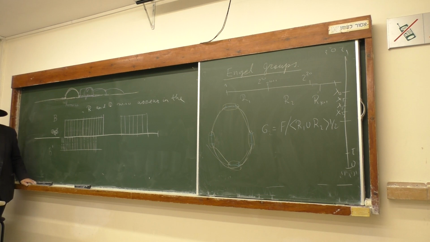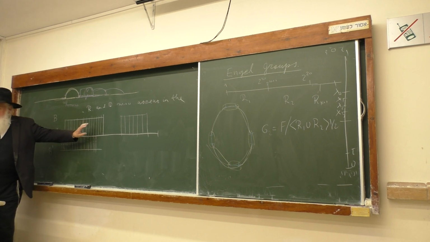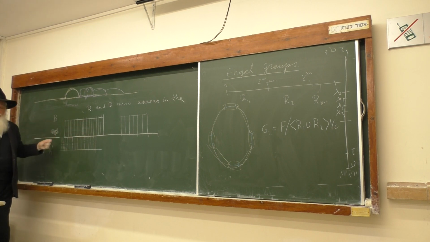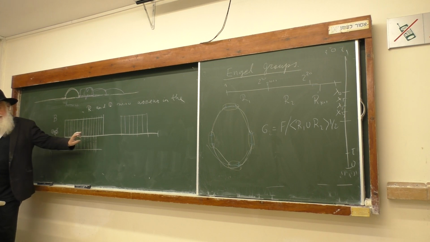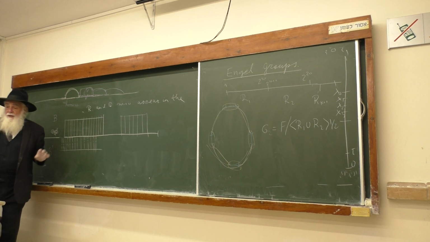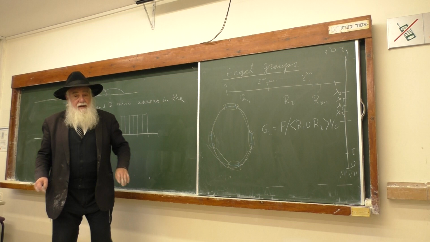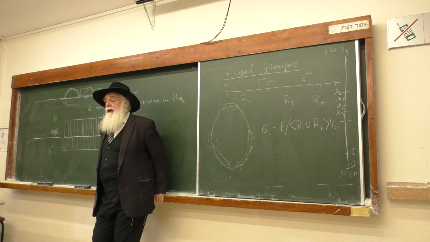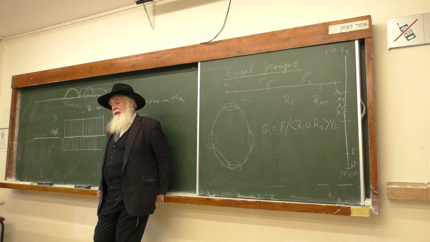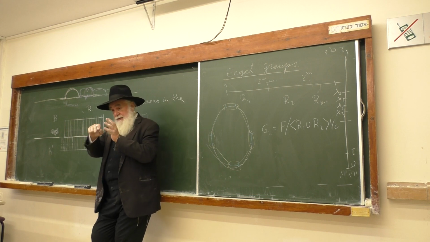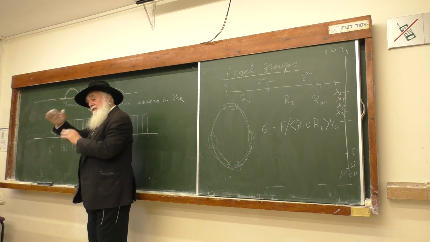What is important to say is that here there could be many different flats simultaneously, for B prime, for B2 prime, etc., existing in the same place. But all of them commute with one another. So actually here we might have a multi-dimensional flat. This is just because one glides over the other.